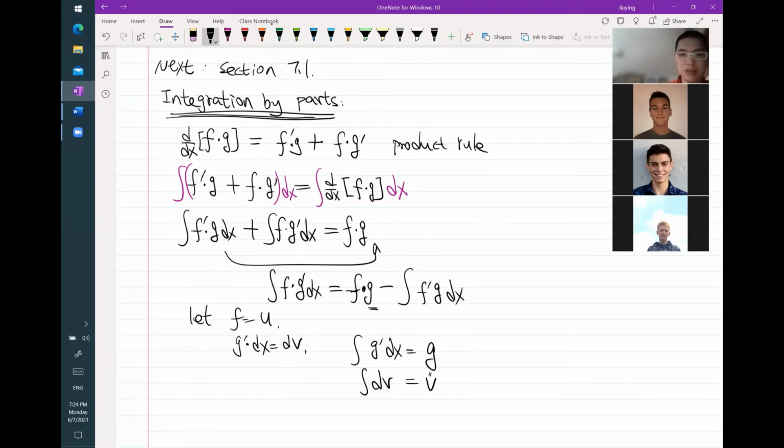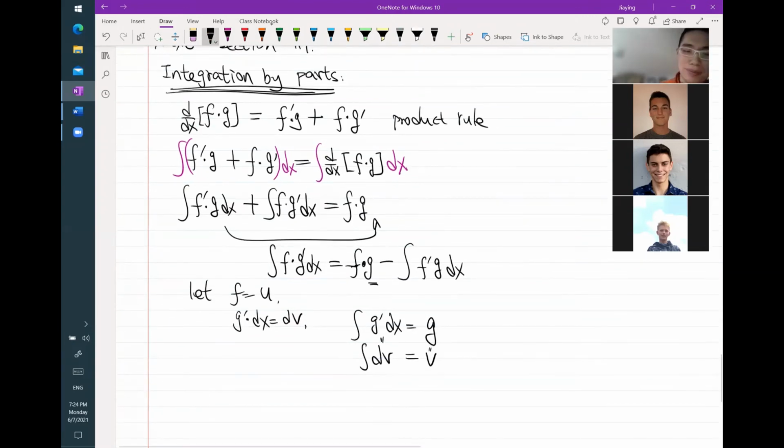So g and v are the same. Hopefully that didn't confuse you more. So when I do the substitution, the integral of u dv, using the new notation dv for g prime dx, becomes u times v minus the integral of v du.